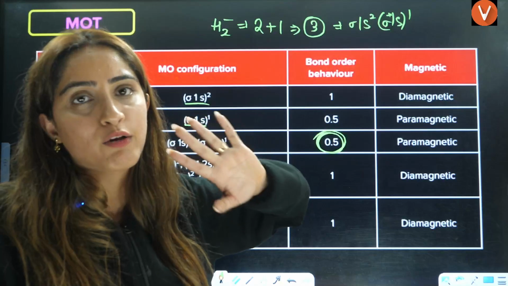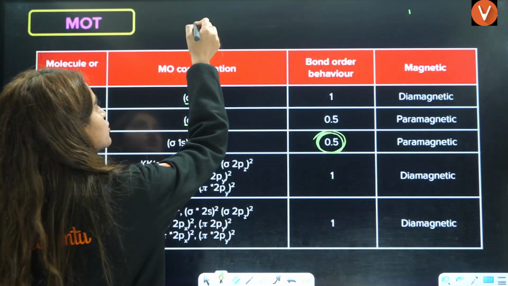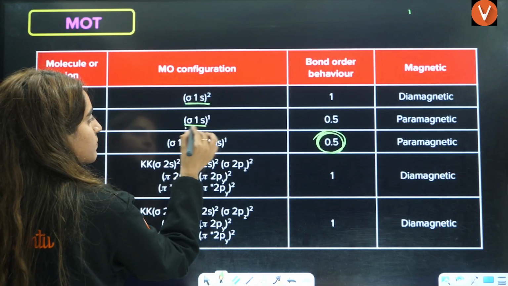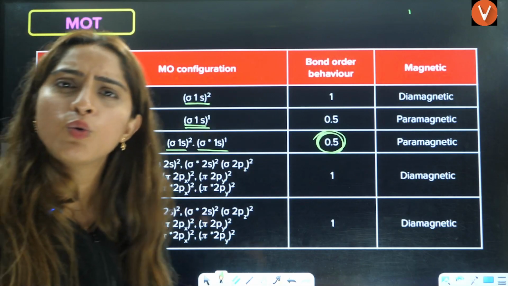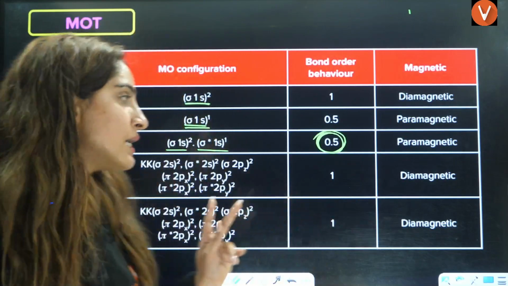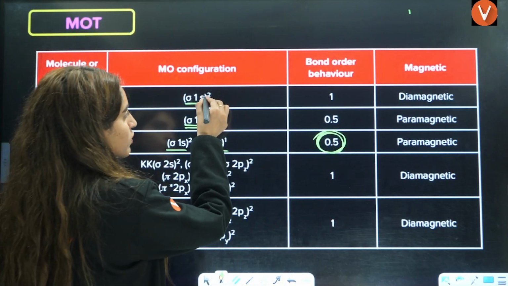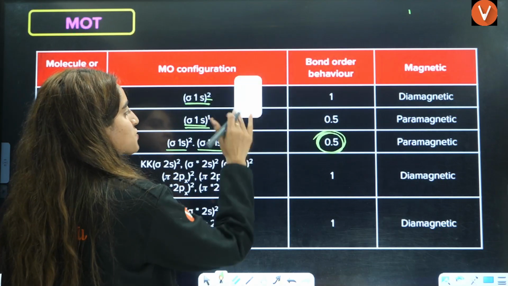I'll tell you how we are calculating the bond order, right? So we had three things. H2 was sigma 1s2. This is sigma 1s1. This is sigma 1s2, sigma star 1s1. It is following Hund's law. All the simple electronic configuration rules are also applied here, right? Bonding electrons are 2, so 2 minus 0 by 2 is 1. So bond order is 1.